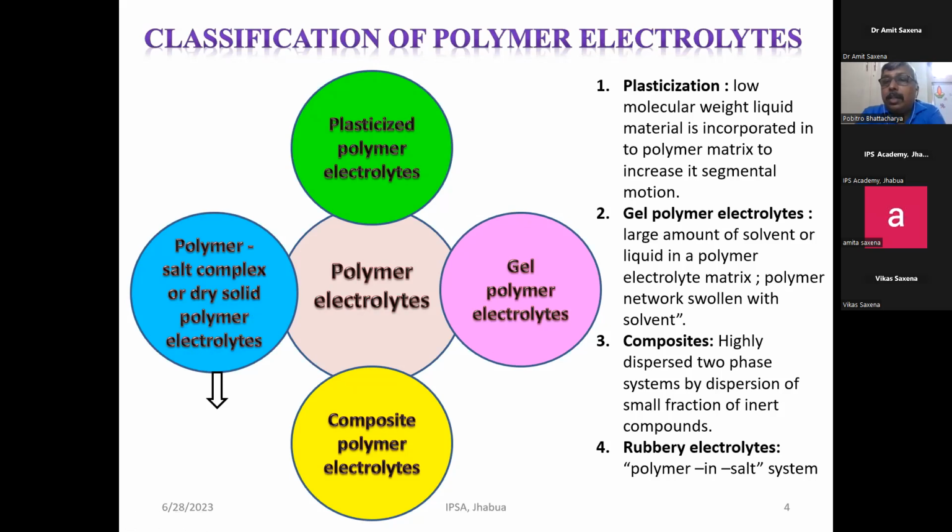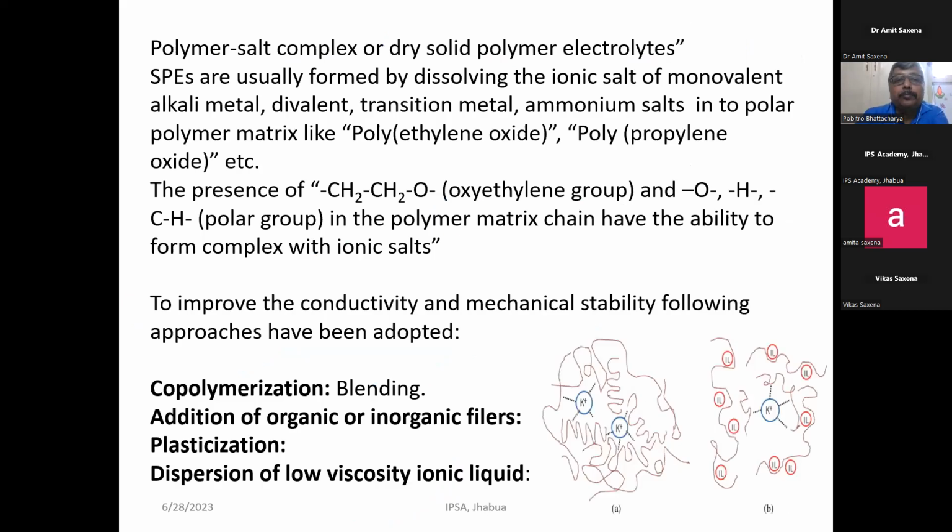Now, quite recently, people have started making it in two other ways. One, we add some salt in a polymer, go on adding the salt up to a certain limit, and see how the conductivity is changing or how the properties can be modulated. The other is we take a salt and add polymer into that. So it is either polymer in salt or salt in polymer. Both categories can be explored and studied.